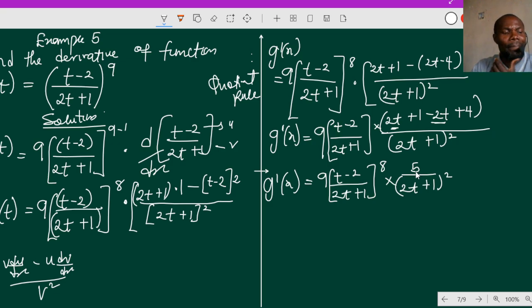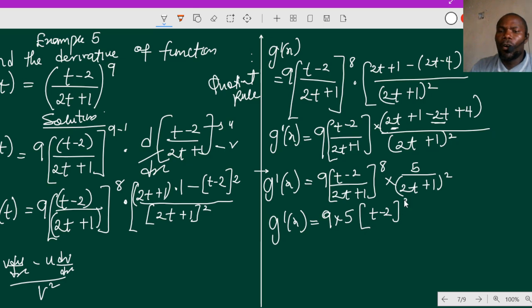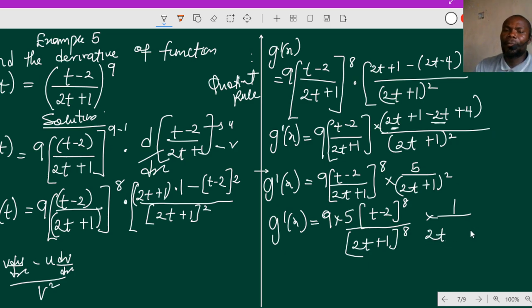This 5 can multiply 9. We have g of x equal to 9 times 5 onto t minus 2 all raised to power 8, 2t plus 1 all raised to power 8, times 1 over 2t plus 1 all squared.